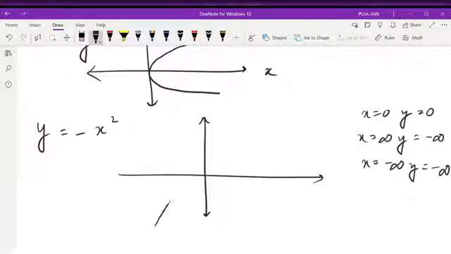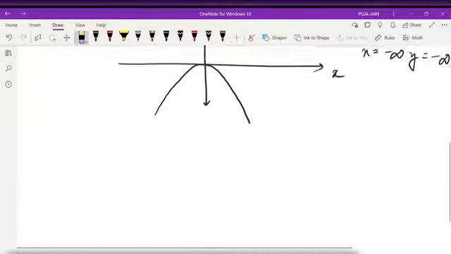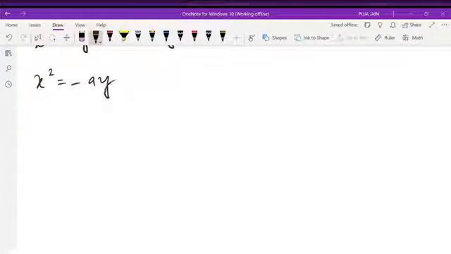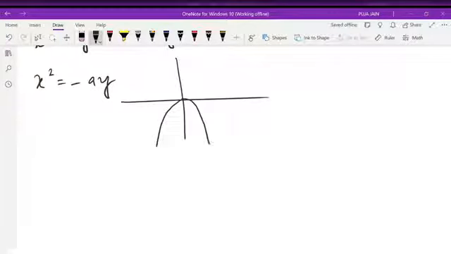So I will get it in this way. This is x, this is y. So for y equals minus x square, I will get it in this way. Now also for x square equals minus ay, how will we get it? We will get it in this way.